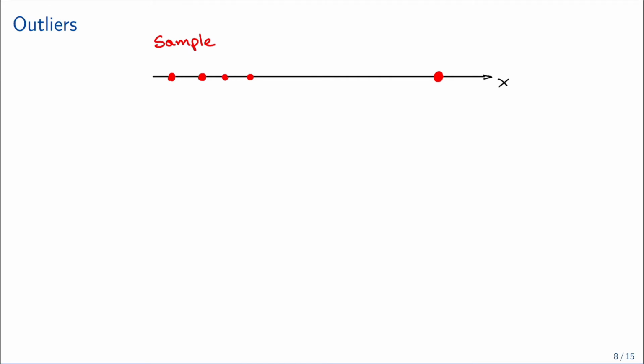So this element that is far away from the others is called an outlier, far away from the rest of the data.